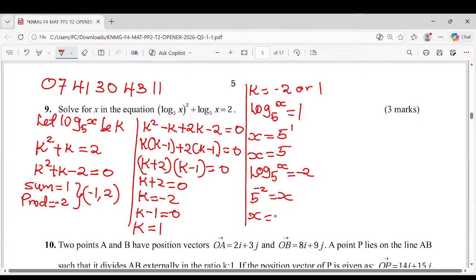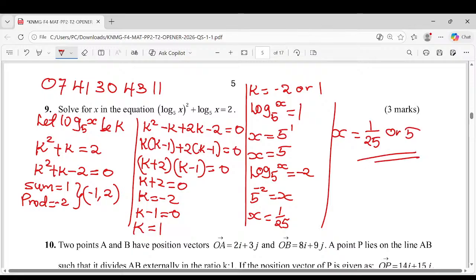So x can be 1 over 25. So if I solve for x, x is equal to 1 over 25, or x can be said to be equal to 5. Those are the possible values of x.